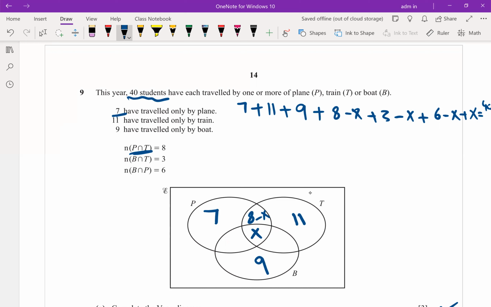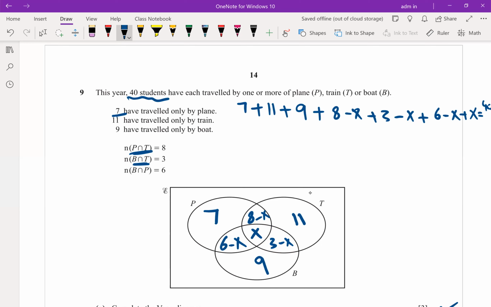In the same way, B and T together means this part. If one part is X, the second part is 3 minus X. The intersection of B and P is 6, so this part is 6 minus X. X equals 2.